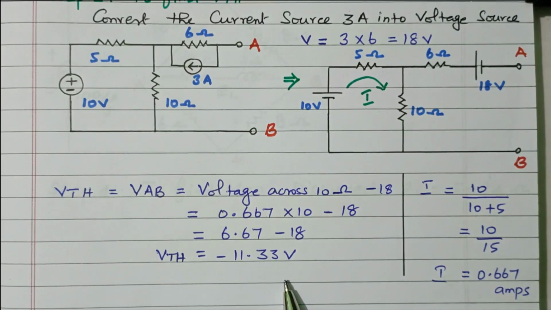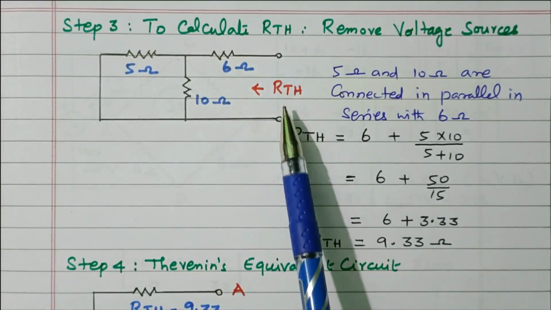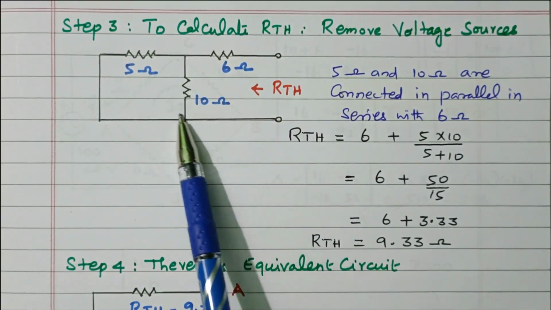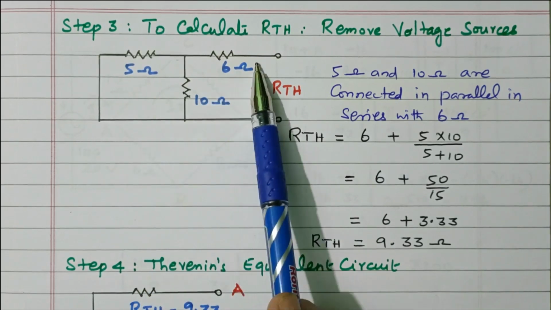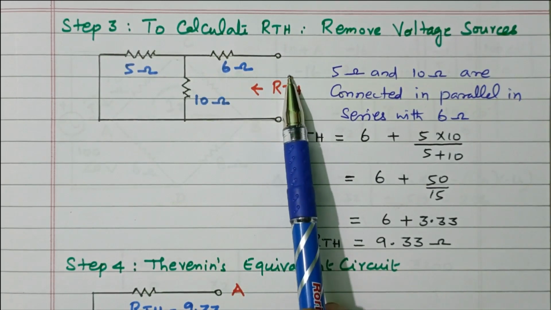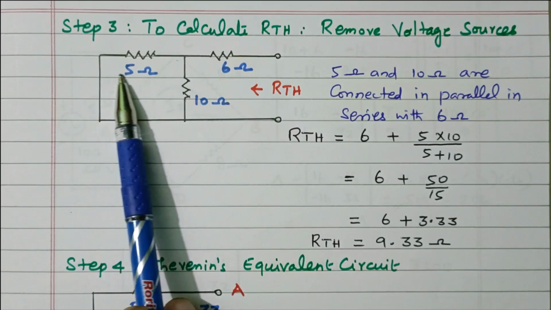The step 3 is R Thevenin. So the third step is to find the R Thevenin. What is R Thevenin? It is the resistance across AB by removing all the sources. So here the two voltage sources are removed now. Now we need to find the resistance from this side onwards. We have to refer from this side, not from this side.